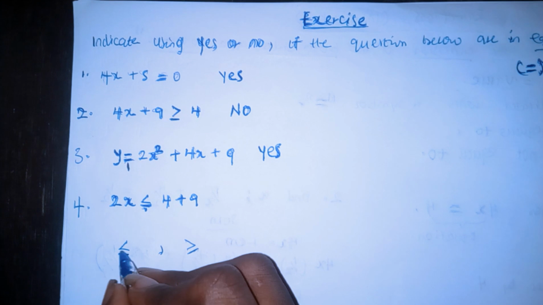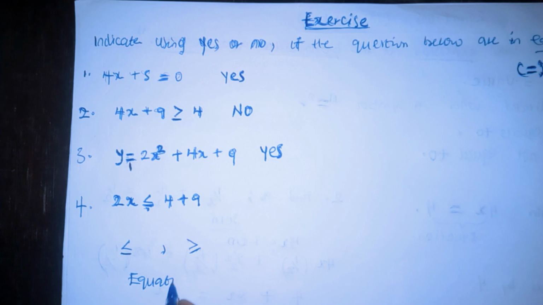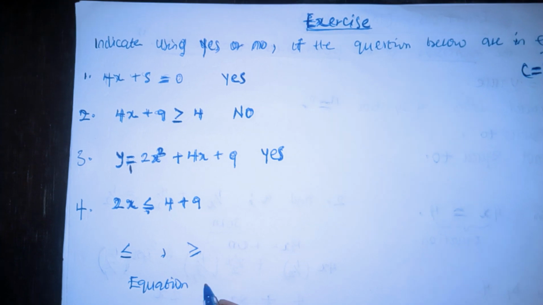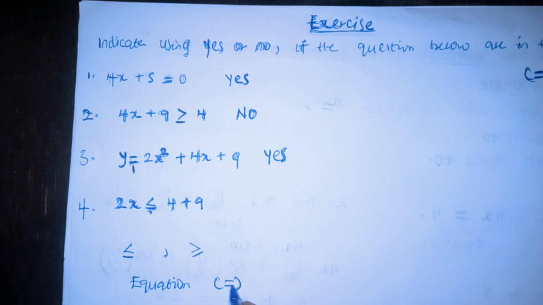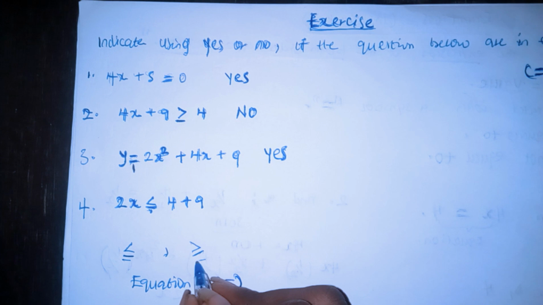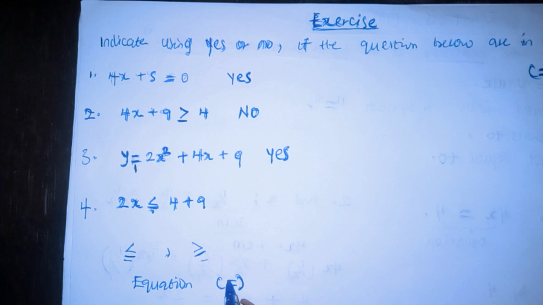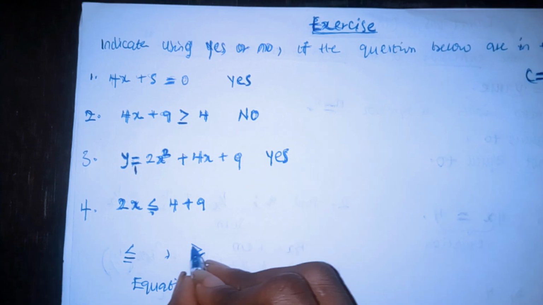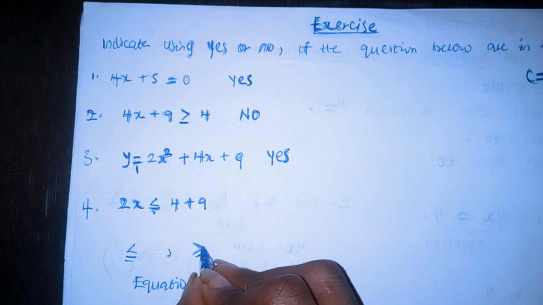When we are talking about equation, we are talking about equals to only. We are not talking about this. No matter the equals to sign is there, this is the holy symbol we are talking about, and this will be done in inequality.